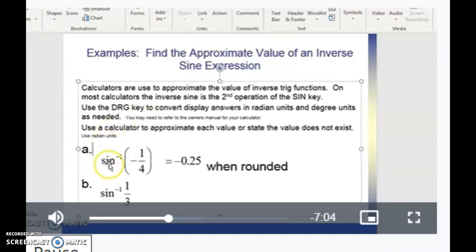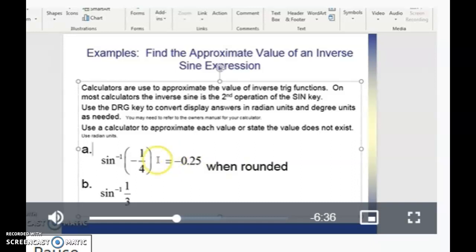In your calculator, if you enter the sine inverse, so second operational key, then press your sine key, enter the value of the angle -1/4 and press enter, you will get a decimal approximation. When rounded to 2 places behind that decimal, that answer will be negative 0.25, negative 25 hundredths.